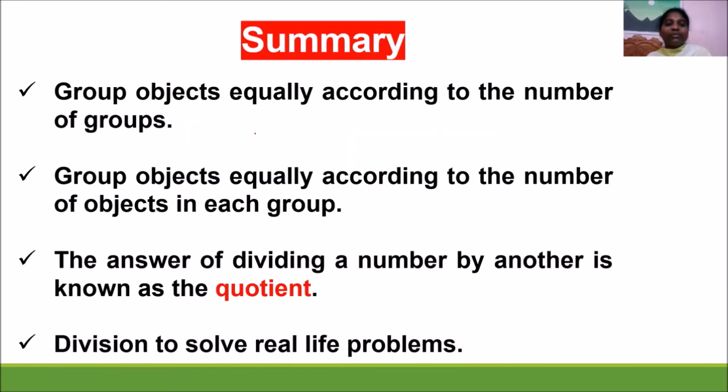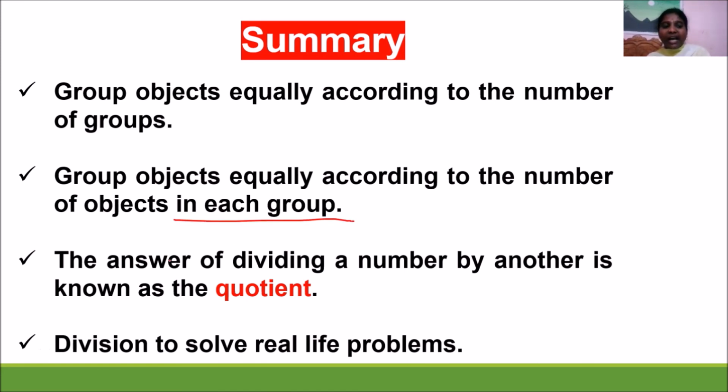Let's come to the conclusion, children. Let us summarize what we learned in this session. First, we learned how we can group objects equally according to the number of groups. Next, we learned how to group objects equally according to the number of objects in each group.